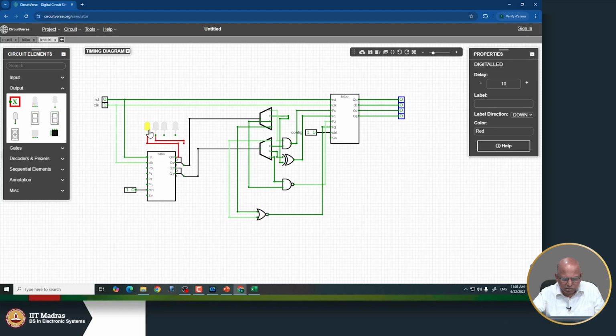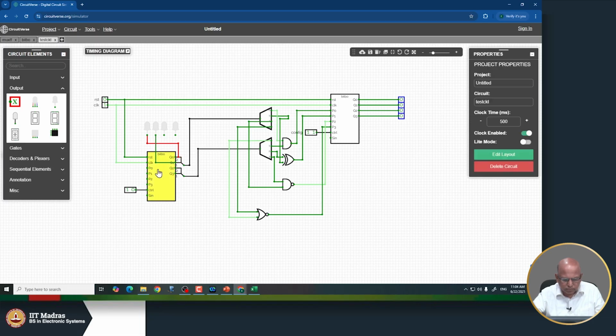This may not be really required, but I'll put it anyway. Okay, I will still need these inputs.